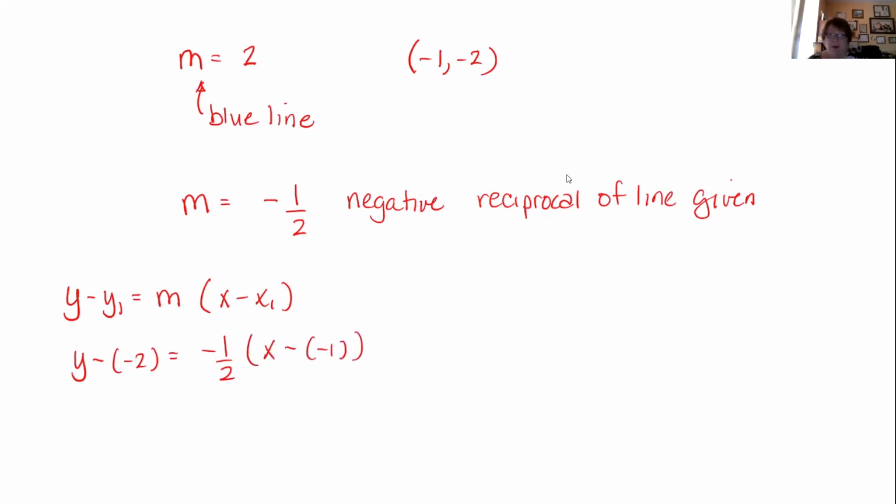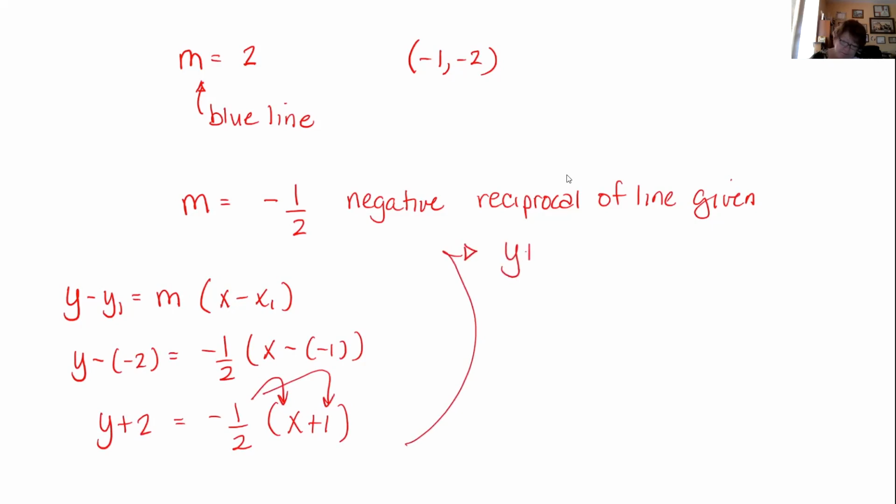Okay, so we're going to distribute that minus across. Y minus the -2 is y plus 2. -1/2 times x plus 1. X minus the -1 would be x plus 1. And now we need to distribute that -1/2 across. -1/2 times x is -1/2 x. -1/2 times 1 is -1/2.